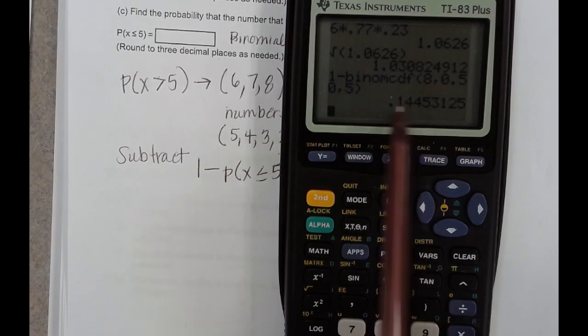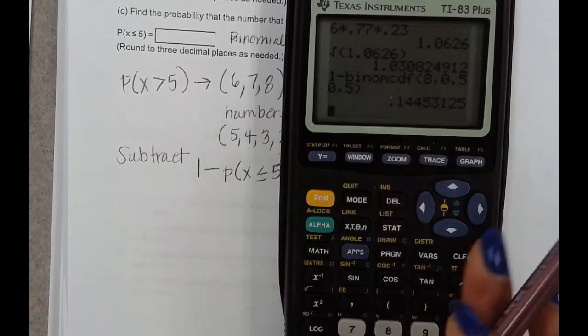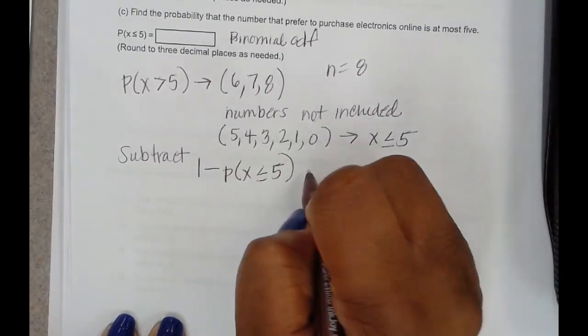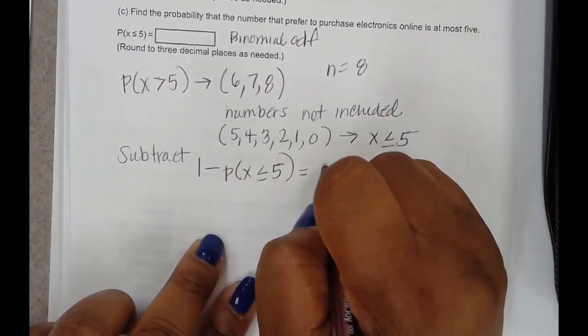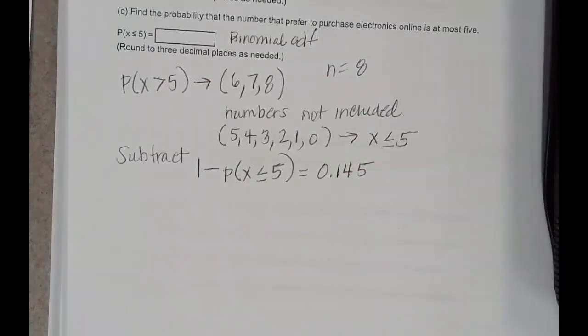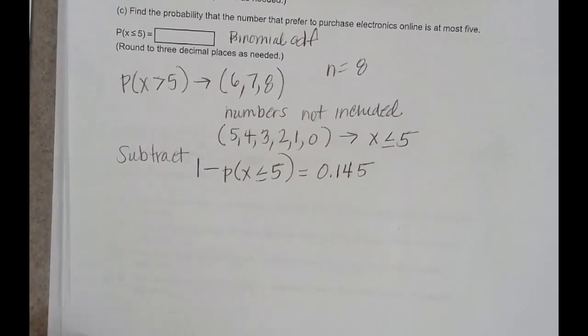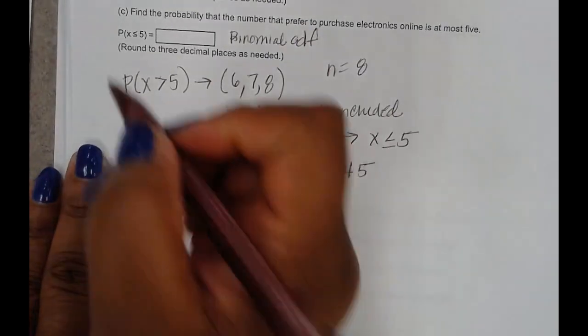So what are we recording? 0.145. Okay, so that was part B.